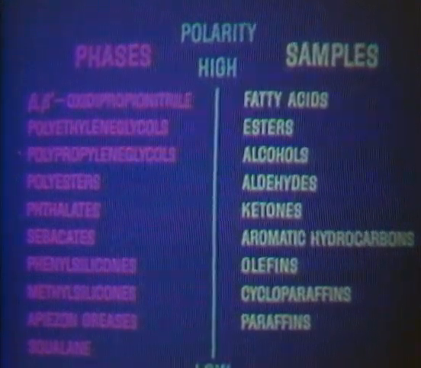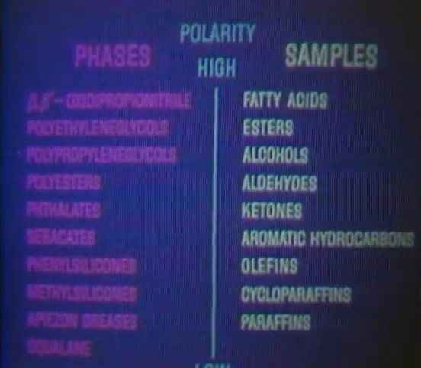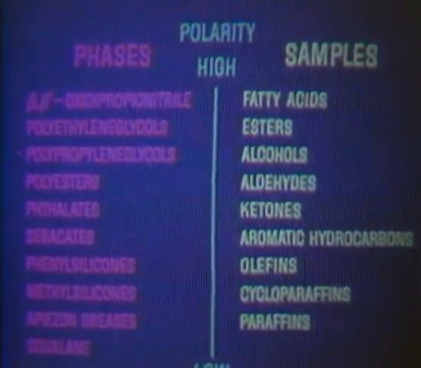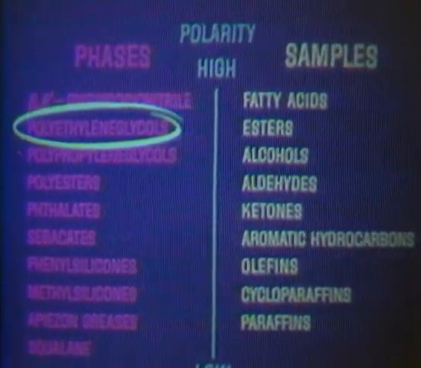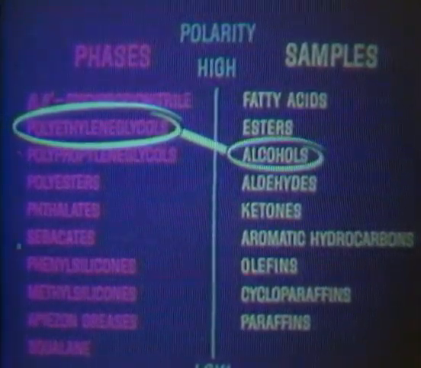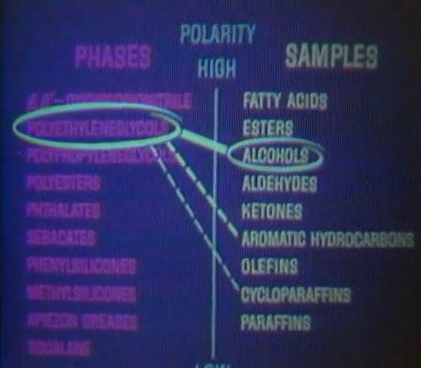Alcohols, ketones, and aldehydes are very polar due to dipole moments or hydrogen bonding. The greater the polarity of the stationary phase, the greater is the retention of a polar solute relative to that of a nonpolar solute with similar boiling point.